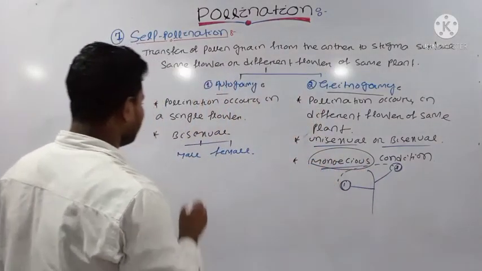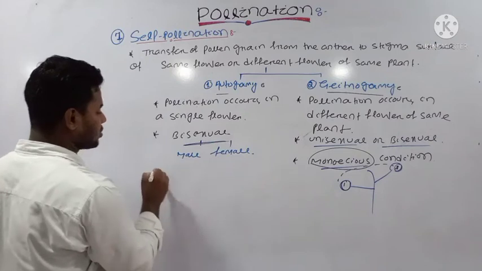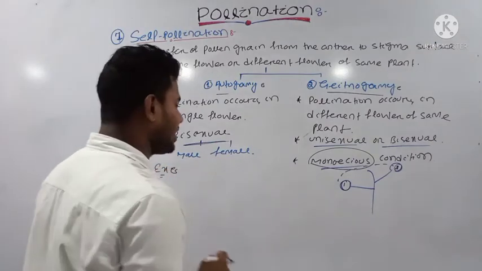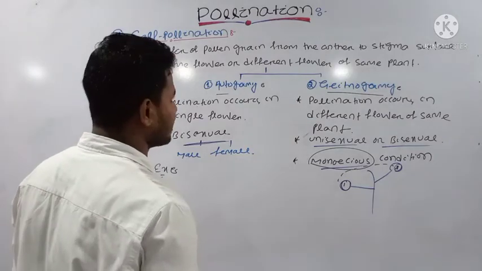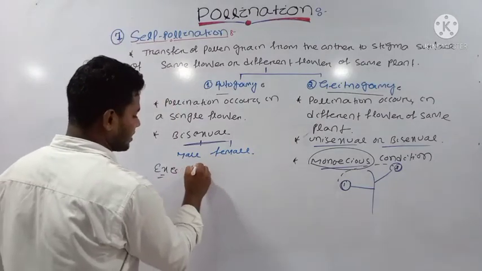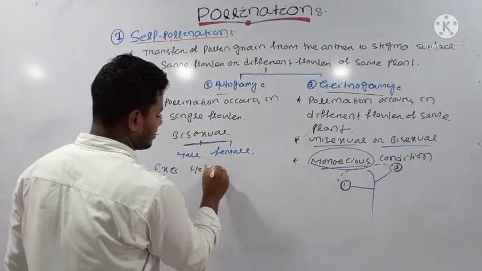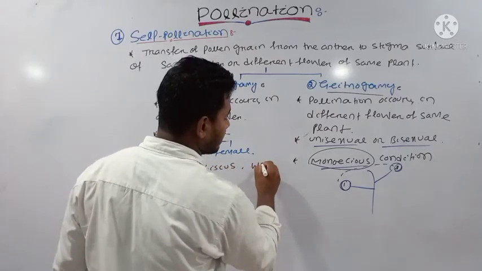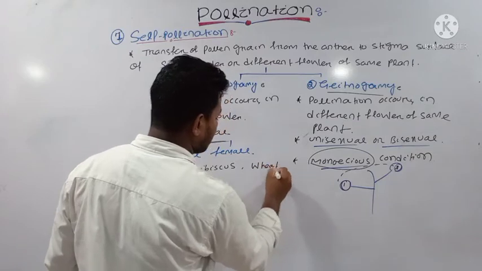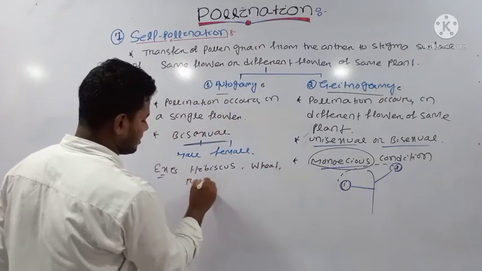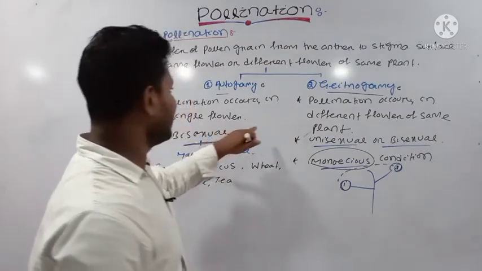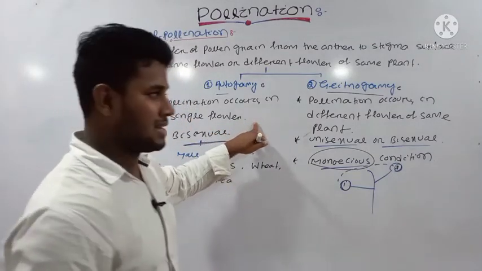Clear? And here it is a bisexual flower, and examples of autogamous flowers where autogamy takes place are hibiscus, wheat, rice and tea.